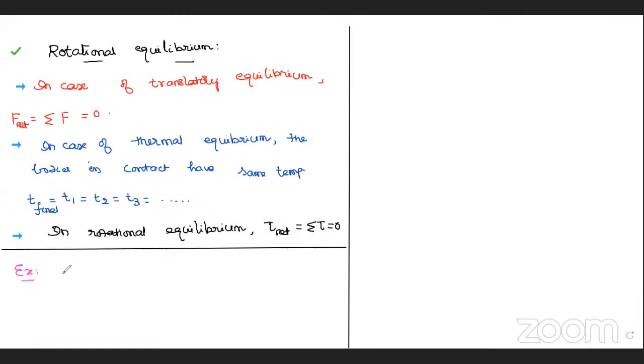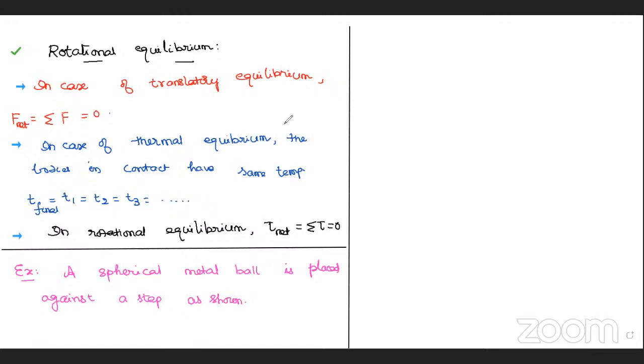Here he is saying that a spherical roller, meaning a spherical metal ball, is placed against a step as shown.